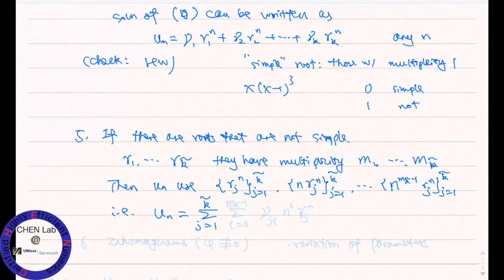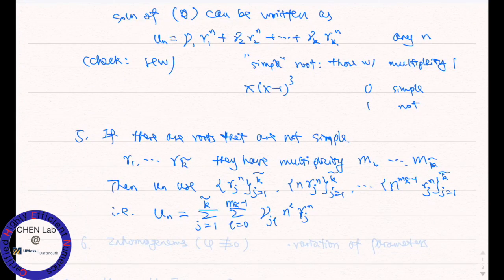For each of them, you go through its multiplicity, from 0 to m_j minus 1, and you get a coefficient gamma jl, and you have this n to the l r_j to the n.